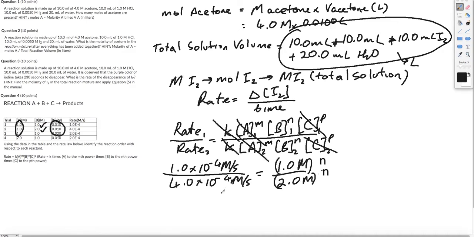So what we end up with here is 1/4 equals 1 over 2 to the power of n. And we can solve for that.